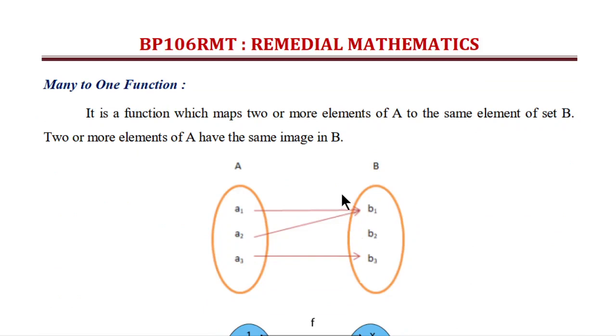Another classification is the many-to-one function. It is a function that maps two or more elements of set A to the same element of set B. That means A1 and A2 are both mapped with B1, and A3 is mapped with B3.